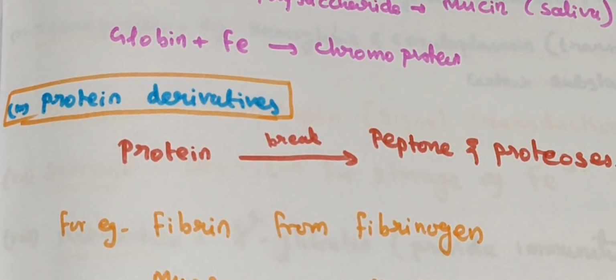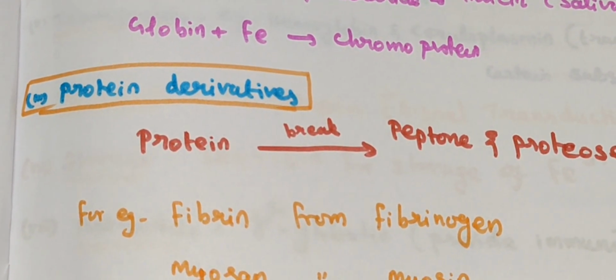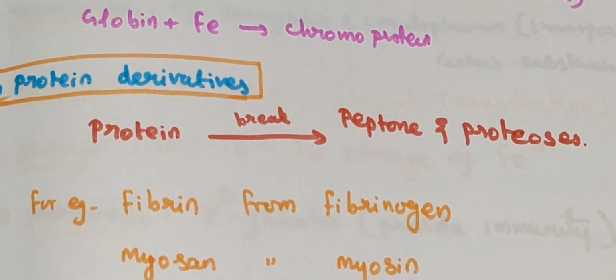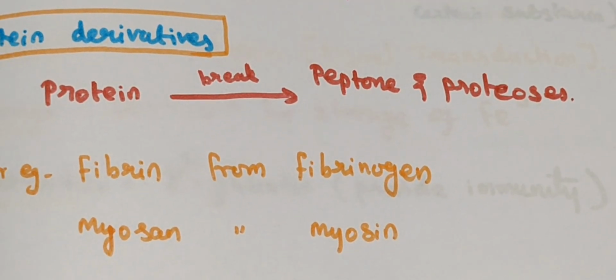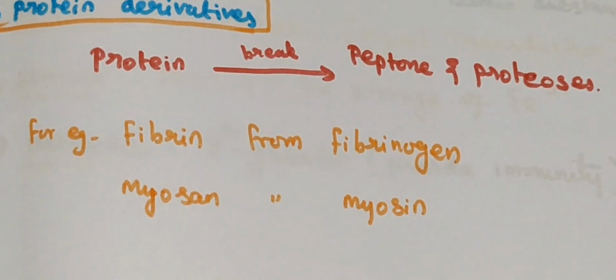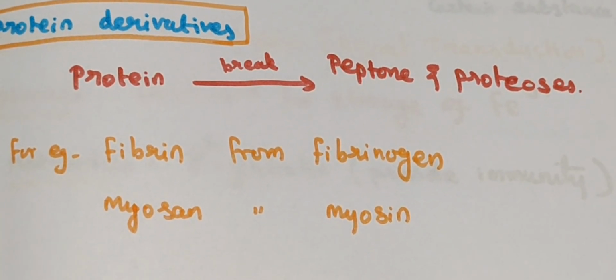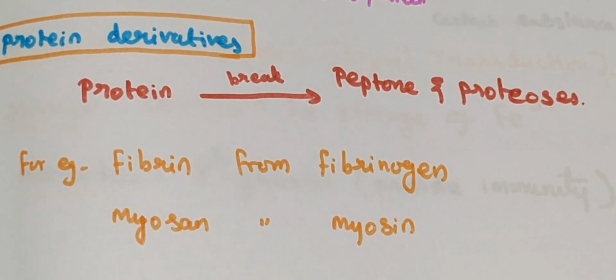Then derived proteins are products derived from simple and conjugated proteins by breakdown, such as peptones and proteases. For example, fibrin from fibrinogen.